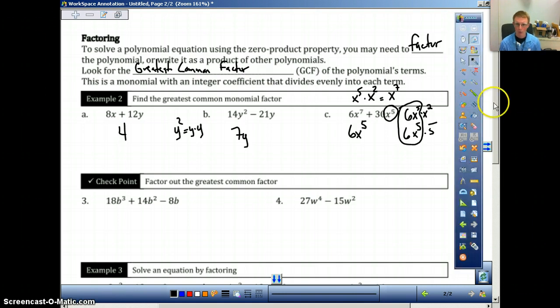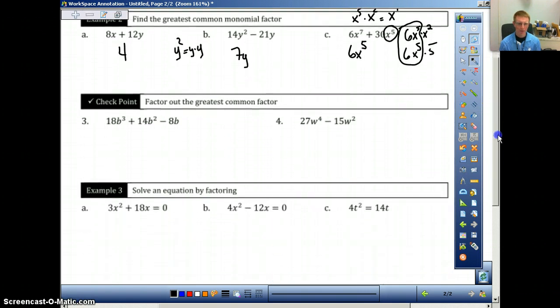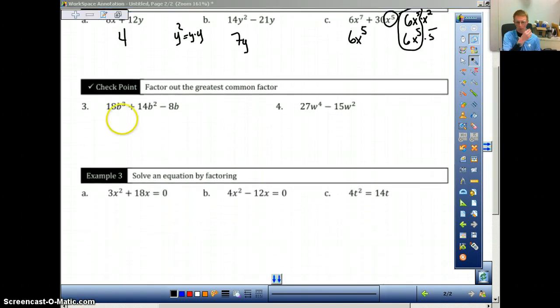Okay? So what we're going to do in these examples is pull out our common factors. I'm going to do one with you, and then you're going to do one on your own. I want you to look for what's common between our numbers and what is common about our letters. Our numbers are 8, 14, and 8.